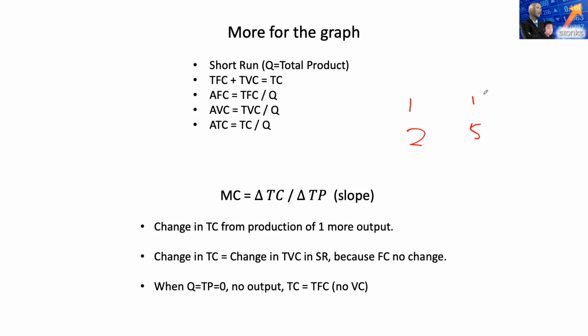The marginal cost would be 5 minus 1. But if it says, calculate the marginal cost of 5, and we have 5 here, maybe like 20, you do 20 minus 1 divided by the change in quantity, 5 minus 1. So you get the point.